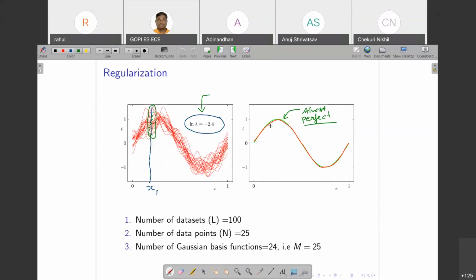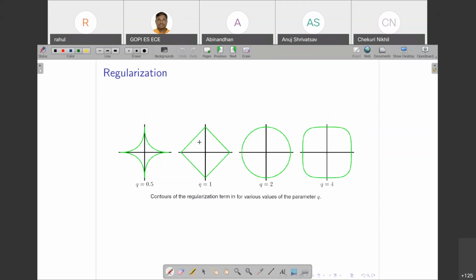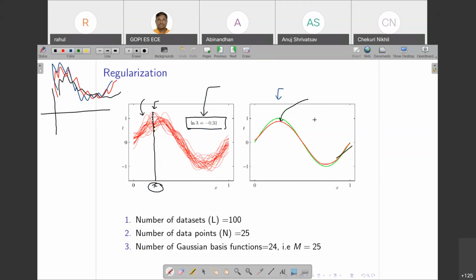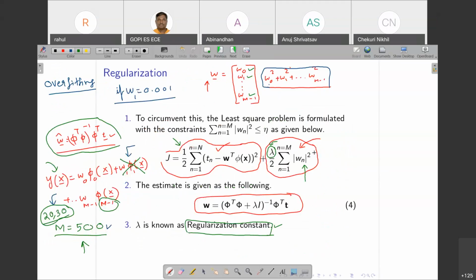Before that, these are all the different regularizations. I think what I showed in that slide is this and this. I didn't actually show q equal to 0.5 and q equal to 4. The q is basically the power of this w, so you can make it more general.